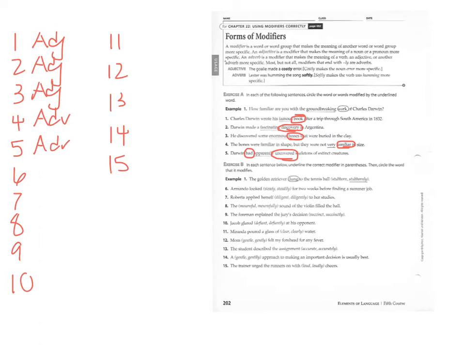All right. So what we want to do in 6 through 15 is read the sentence, figure out the sentence, and choose the correct modifier, and then figure out what word it describes. So for number 6, we want to go with steadily, all right, and it describes looked. Okay. Berta applied herself, and we're going to say diligently, and it describes applied.